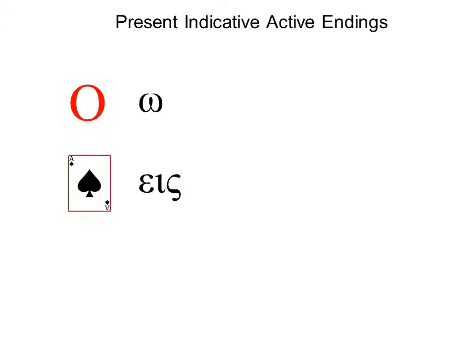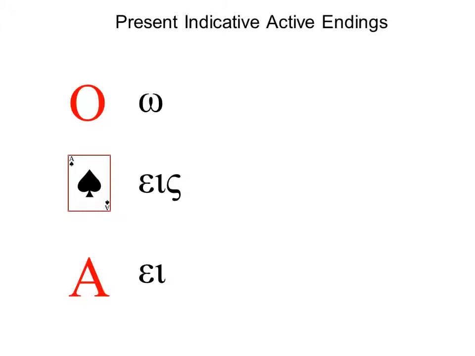So I'm going to do one of my silly things to help you remember things. And we have a few pictures here about the endings, the present active indicative, okay? So we have O, long O, so omega, first person, eis, the card, epsilon iota sigma, O, eis, ei, epsilon iota sounds like A, so we have the singular is O, eis, ei.